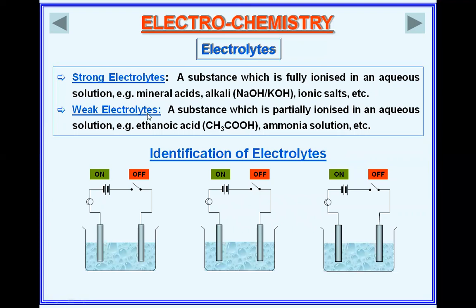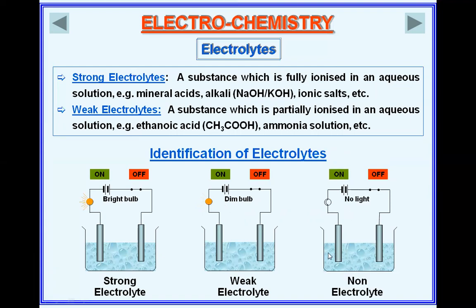A strong electrolyte can pass more current, so the brightness of the bulb is much greater than with a weak electrolyte, due to the presence of more ions in the solution. The bulb is dimmer with a weak electrolyte because fewer ions are present. While there is no passage of current through a non-electrolyte solution at all.